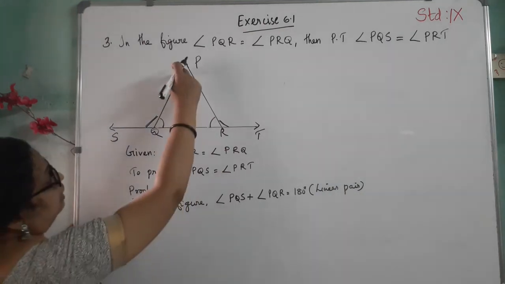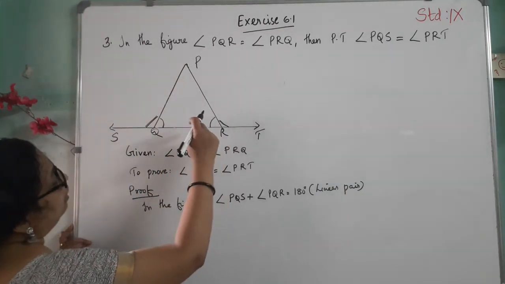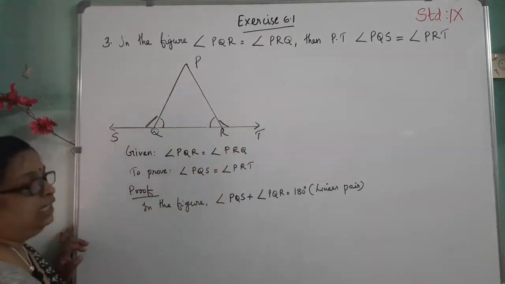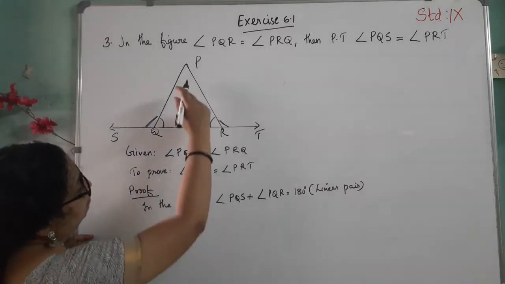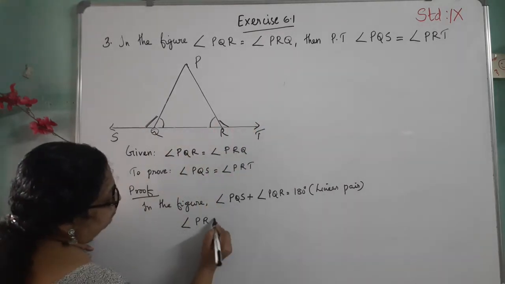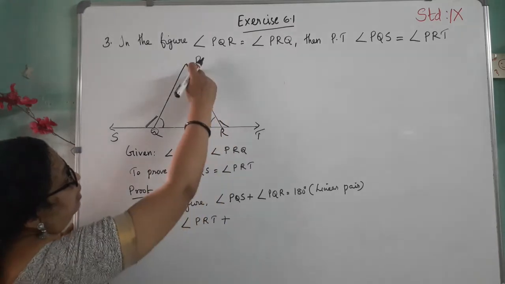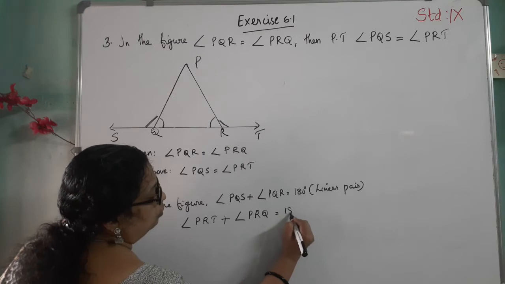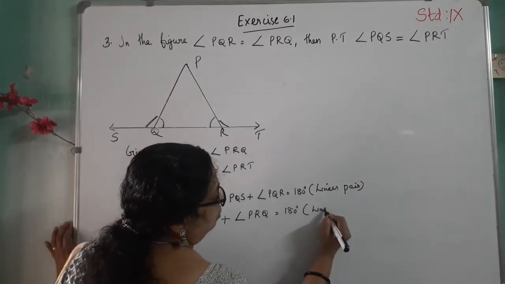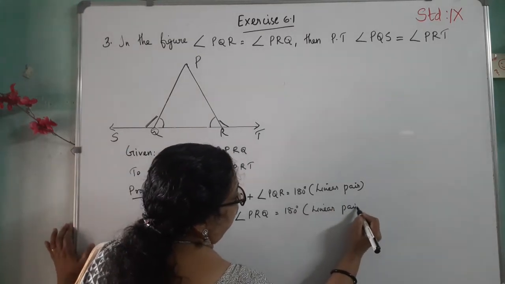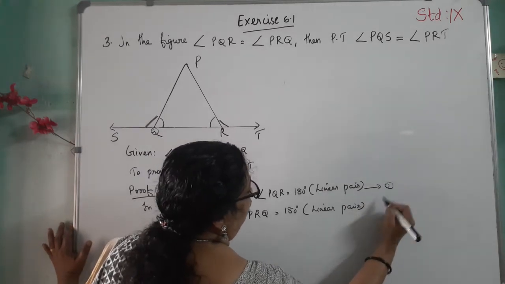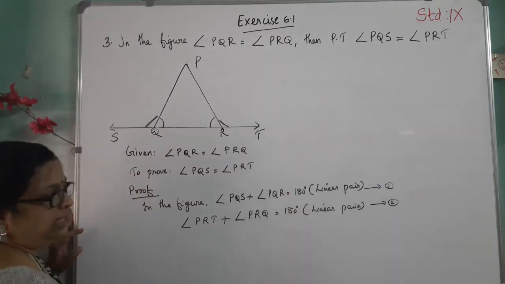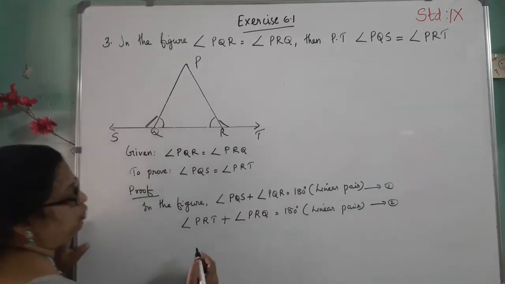Then also angle PRT plus angle PRQ equal to 180 degrees. This also, the reason is linear pair. This is equation number 1 and this is equation number 2. So these two right sides are 180 degrees, so the left sides we can equate.